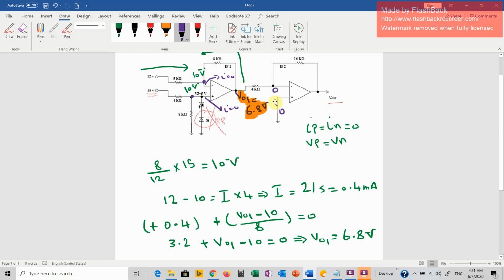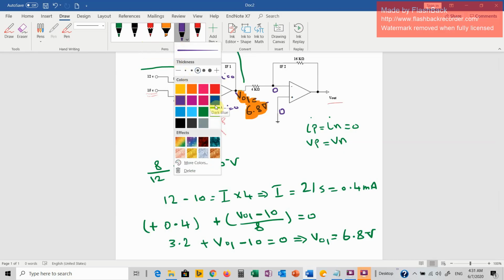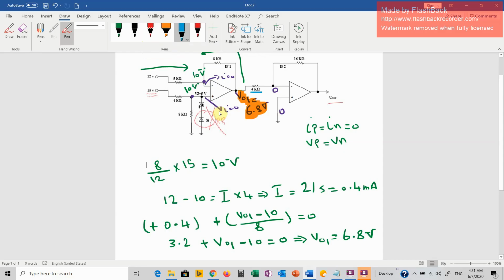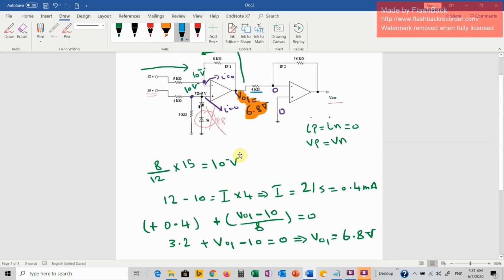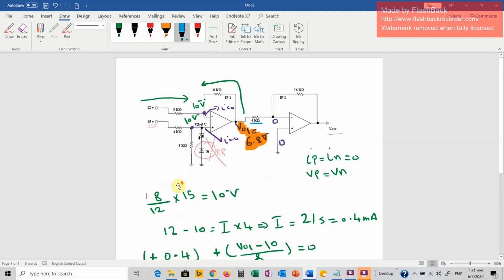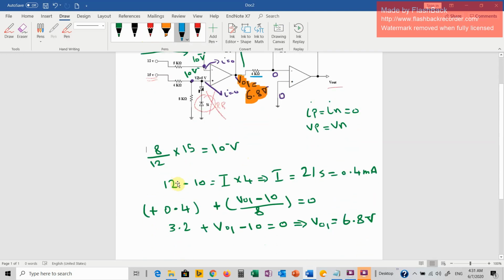So I can say now the current which passes through this 4 kilo ohm, let me do the calculation here, is simply V out 1 minus 0 equal to 4 times I.